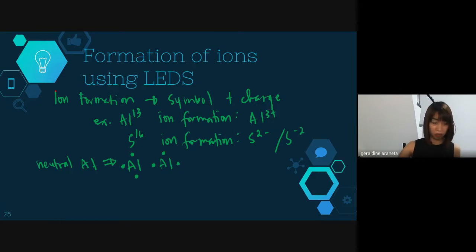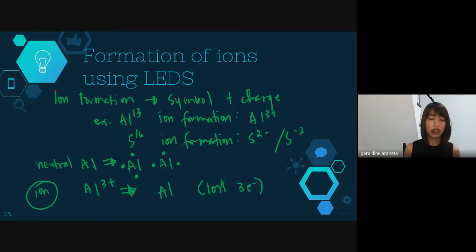If we have aluminum 3 positive, this is an ion already. So these three dots will be lost. It lost 3 electrons, so there are no more dots around the symbol. That is how you form the Lewis dots for ions of metals.